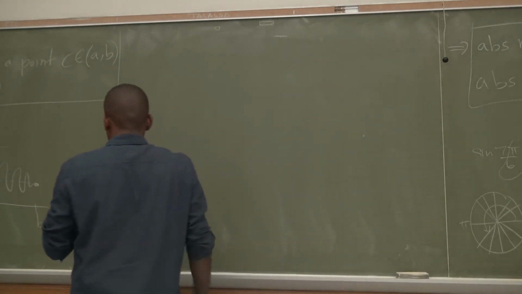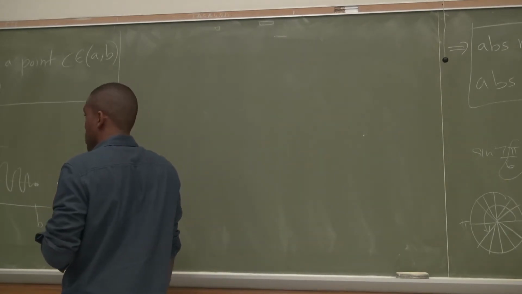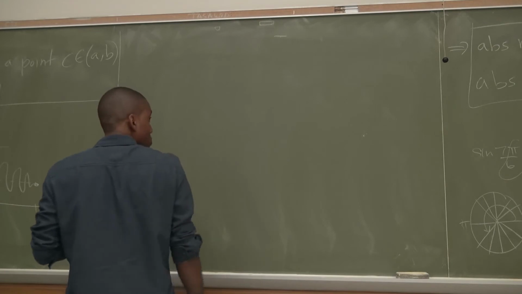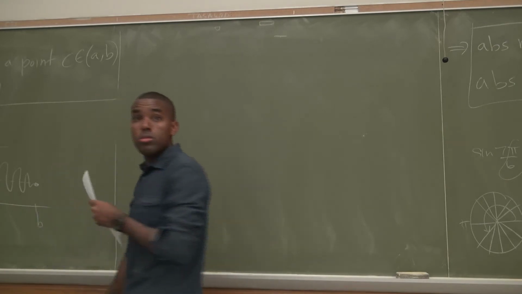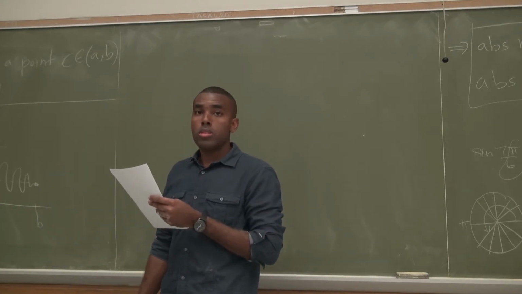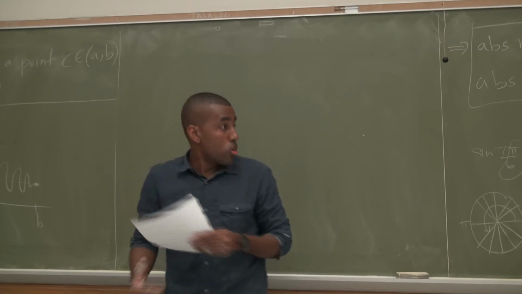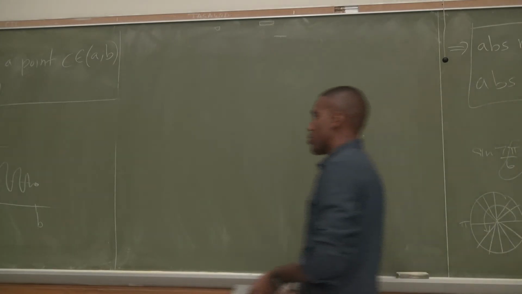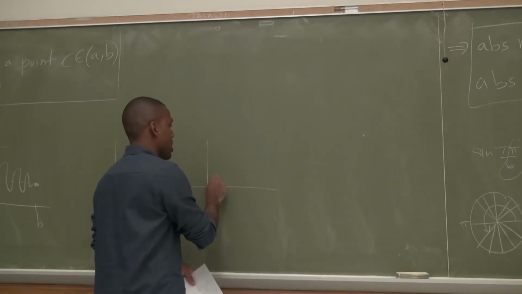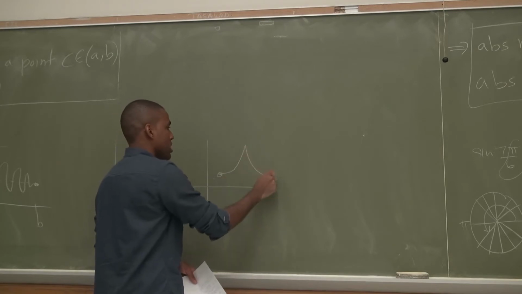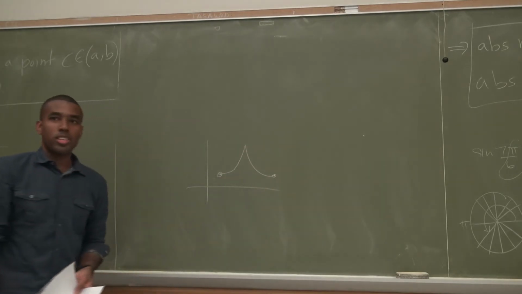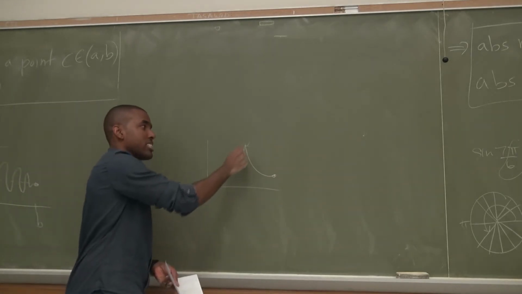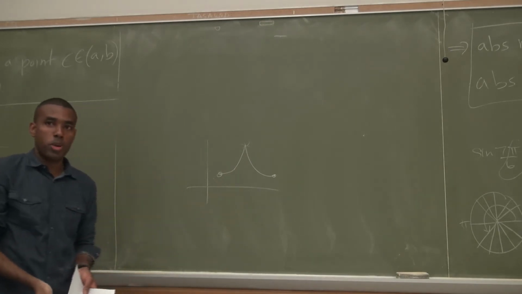So, you can erase that. What if it's like a corner? A corner would fail this one. Corners would not work because the differentiability would not work. So if you have this, sure, there's no point where there's a horizontal tangent line, but the derivative doesn't exist here. So part 2 fails.